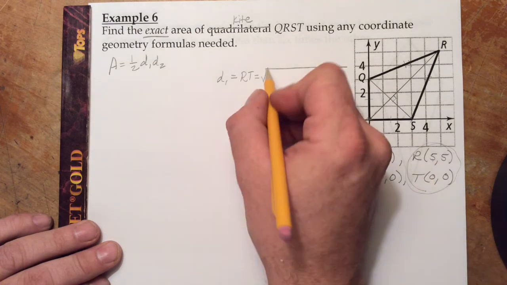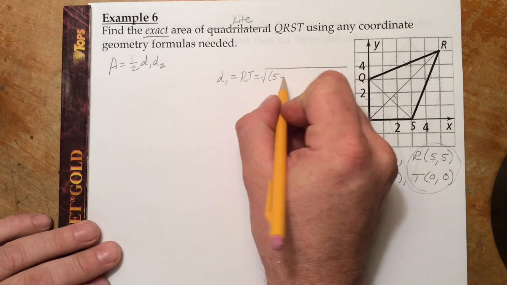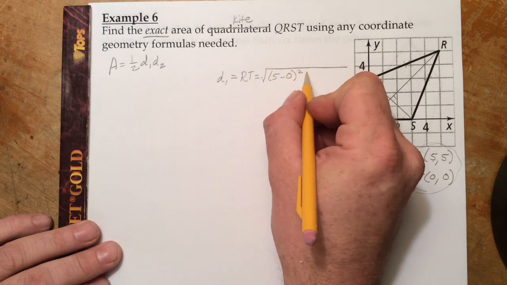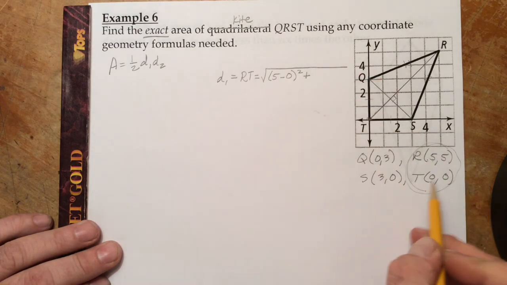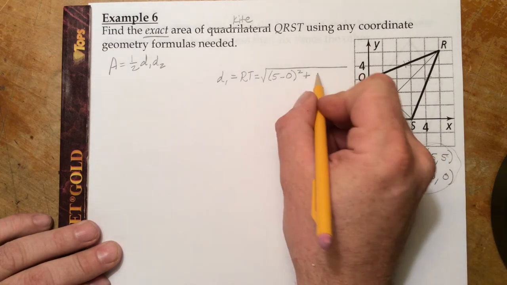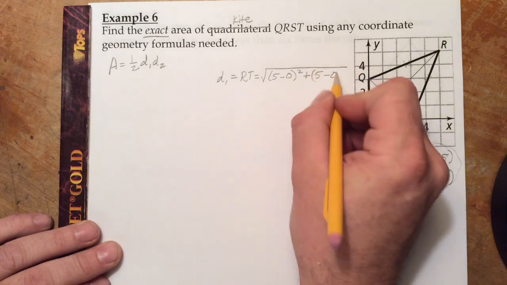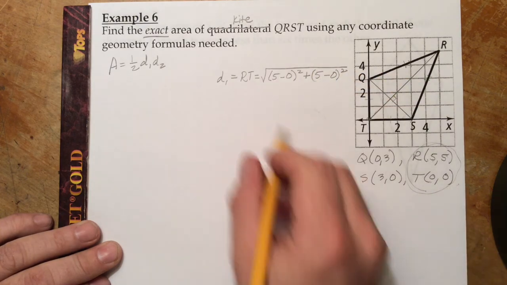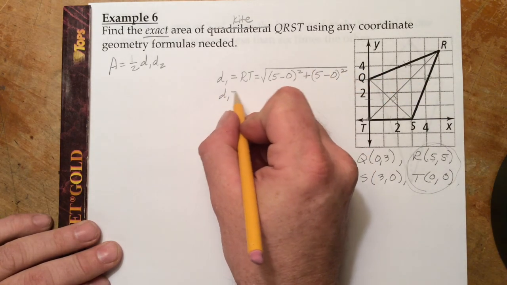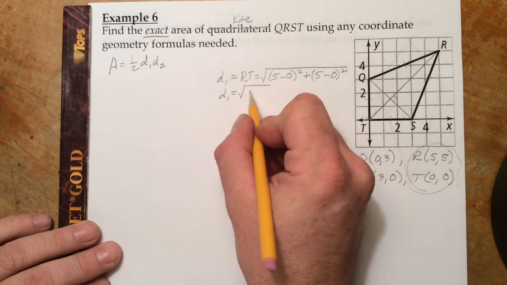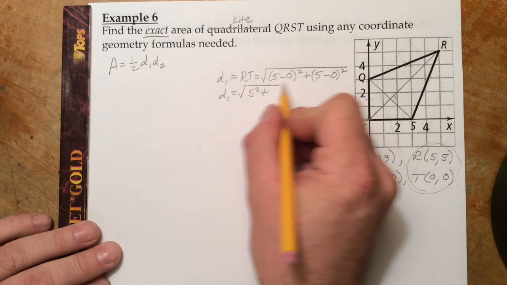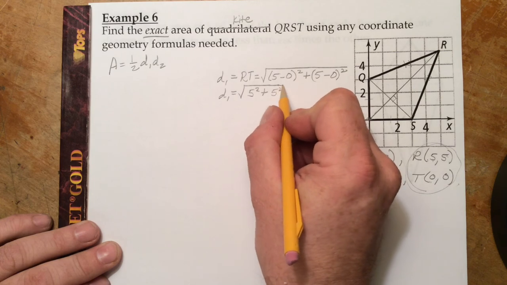So we have 5 minus 0, quantity squared, plus, and then over to the y, 5 minus 0, quantity squared. So diagonal 1 gives us 5 minus 0 is 5 squared, plus 5 minus 0 is 5 squared.